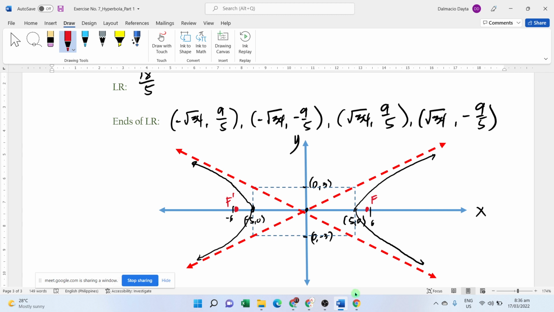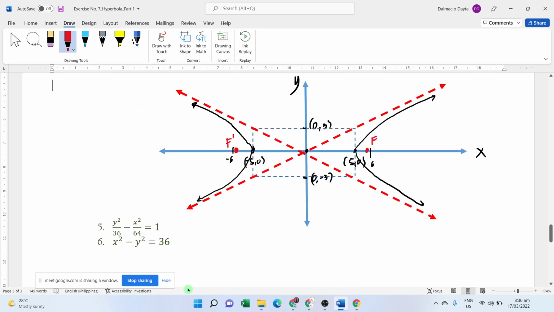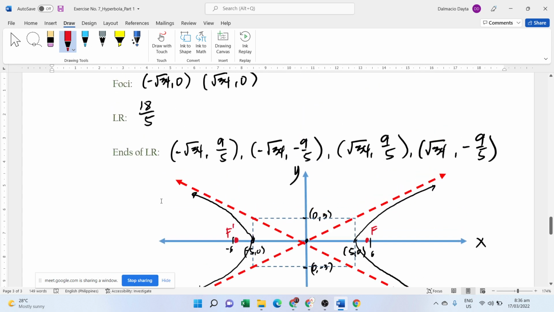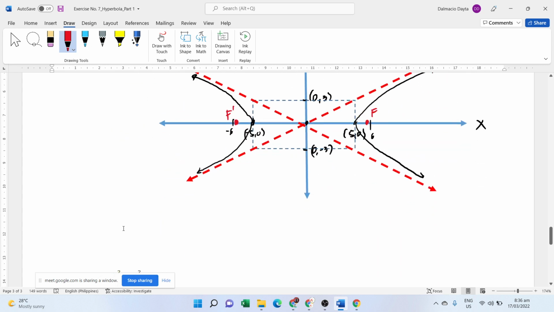Okay, do you have any question, class? Hello? May tanong ba? Wala po. Wala, okay. Now, how do we write the equation of the asymptotes? Yun ang kulang natin kanina. Equation of the asymptotes.